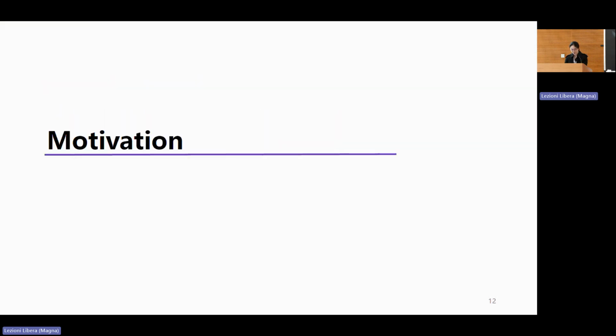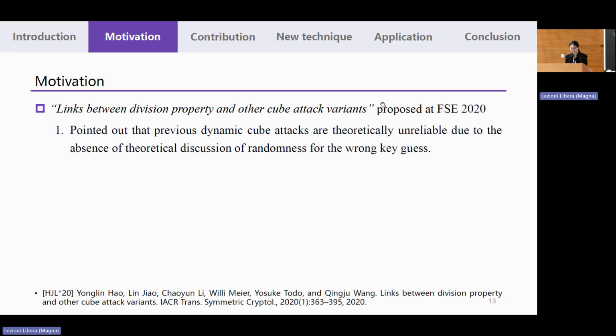Next, we introduce our motivation. Recall that in the paper, links between division property and other cube attack variants presented at FSE 2020, the authors pointed out the previous dynamic cube attacks were theoretically unreliable due to the absence of theoretical discussion of randomness for the wrong key guess.